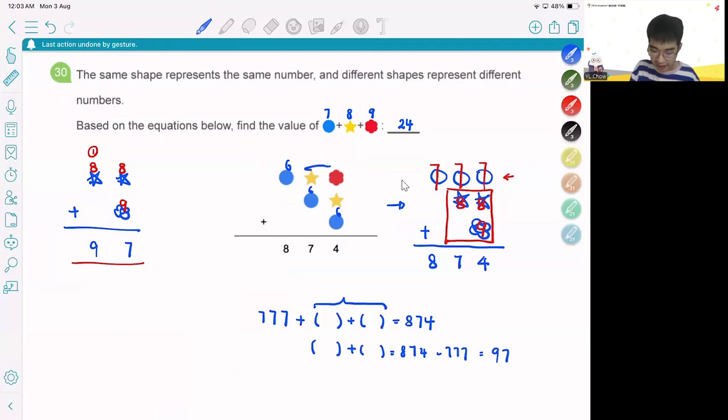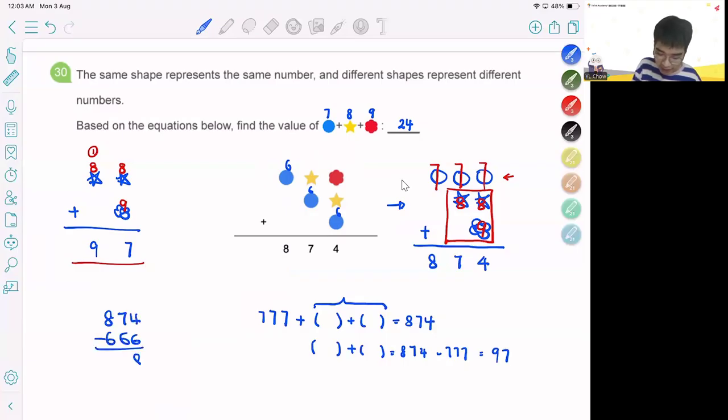Because 874 minus 666 will be 208, right? And with just a two-digit number plus a one-digit number, you cannot get 200 and something, right? That's why the only possible case is 777 for the circles, 88 for the stars, 9 for the flower, right?